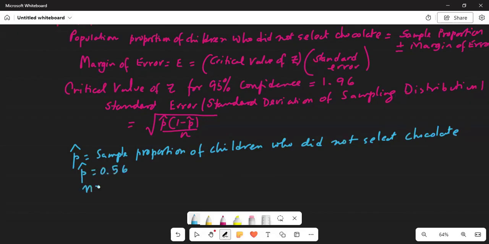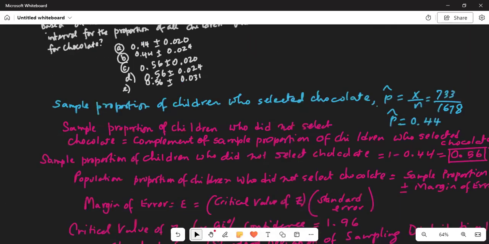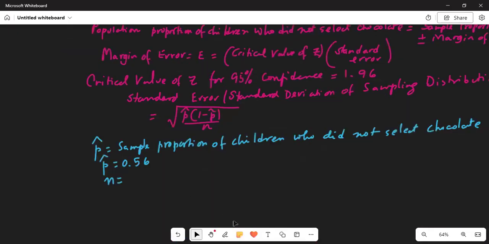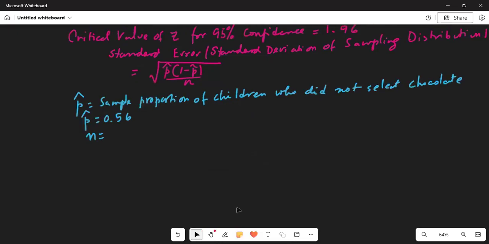Our sample size n is the total sample size, which is 1678.